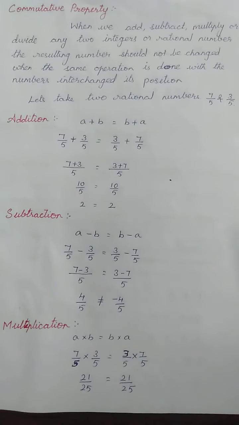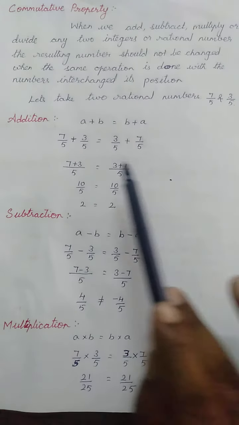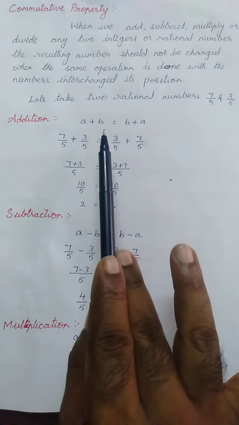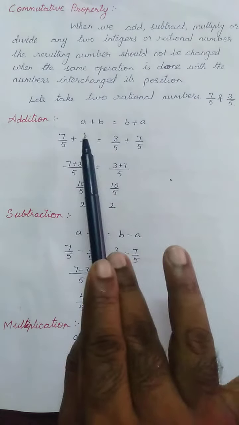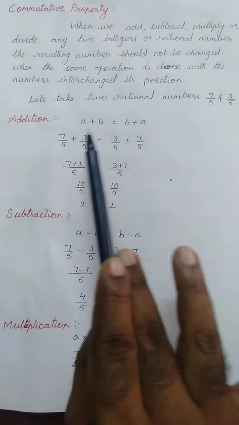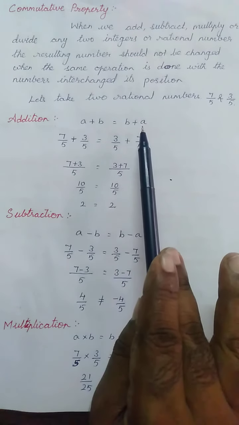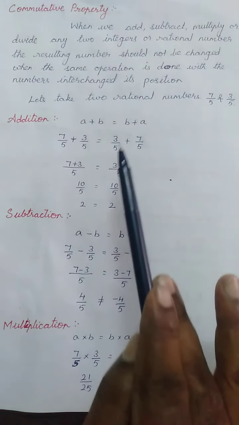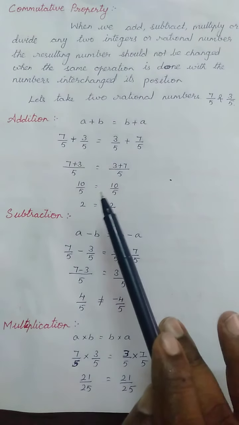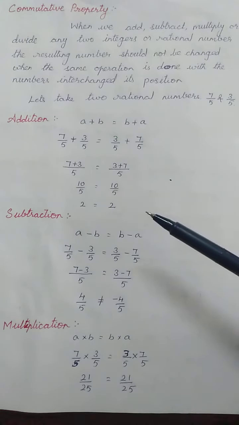That is, if I say A plus B and if I interchange their places, instead of A I write B and instead of B I write A, the resulting number should not be changed. That is what commutative property states.